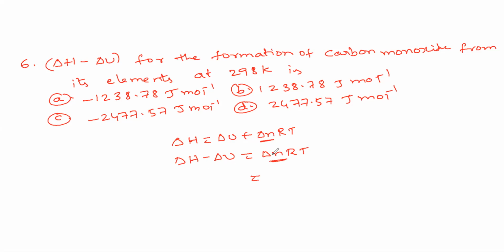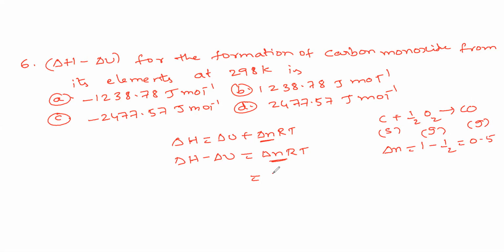For this, delta n: we know the equation for the formation of carbon monoxide, C plus half O2 gives rise to CO. CO is gas, O2 is gas, and C is solid. So delta n is equal to 1 minus 1 by 2, that is equal to 0.5.